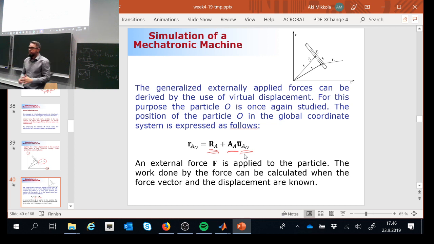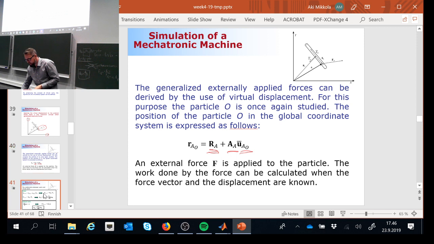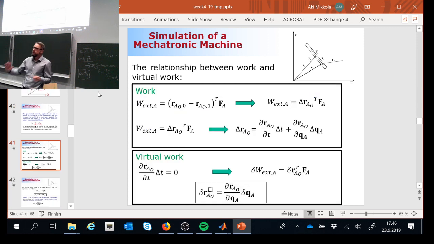Okay, now, force multiplied by displacement gives me work. That's what I'm going to take a look at next. And I'm going to use a special kind of work, because conventional work is force multiplied by displacement in the direction of the force. How can you express that using the kinematics that we are familiar with?